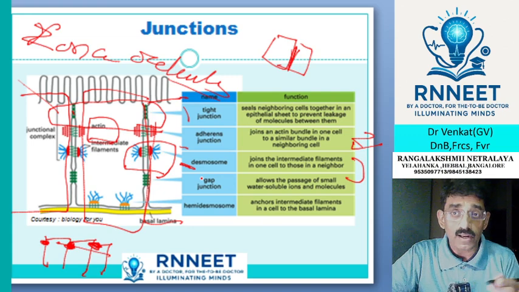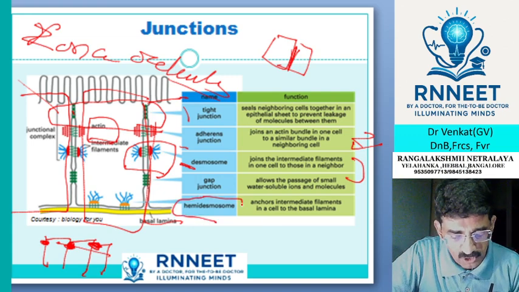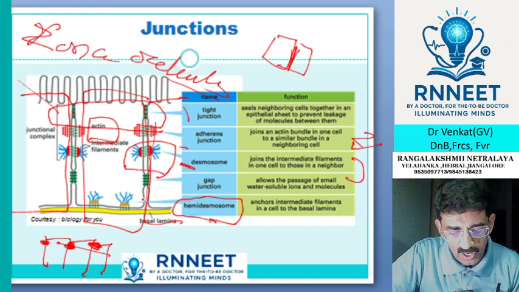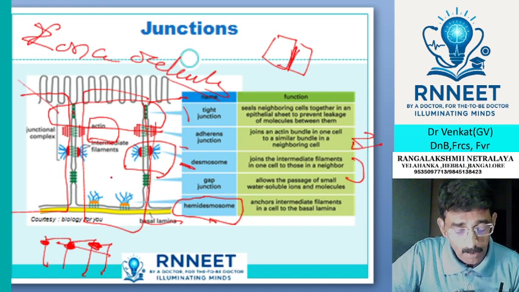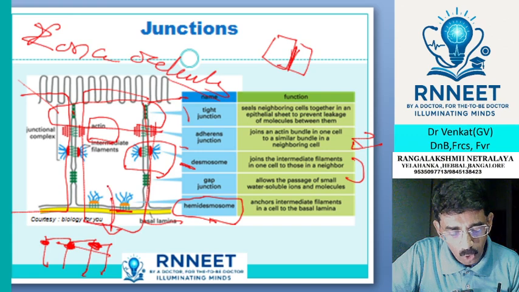Then there is the third type of adherent junction called the hemidesmosome. Where are they present? They are present not in between the cells, but between the cell and the basement membrane, the bottom portion.